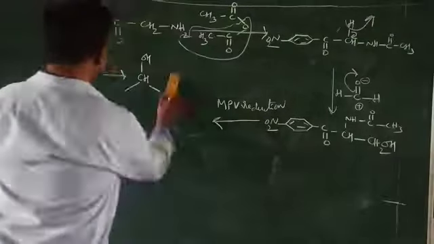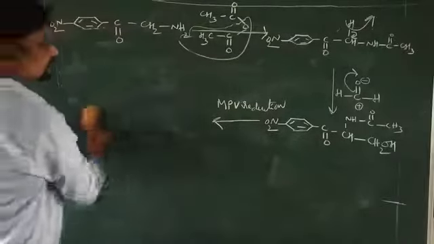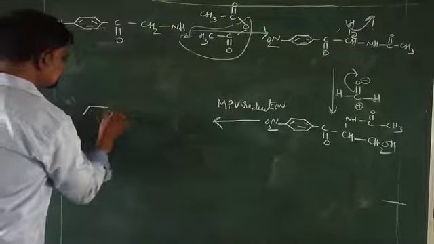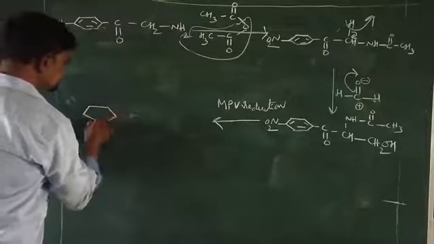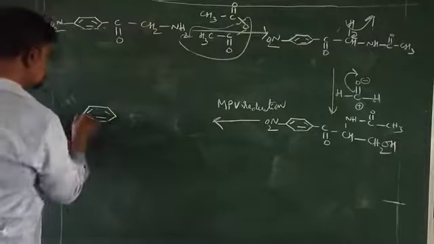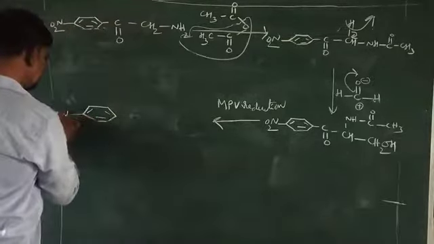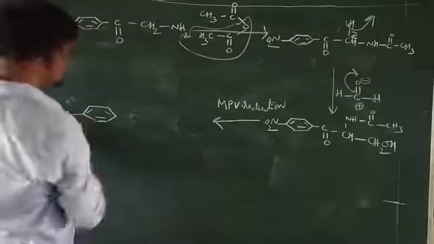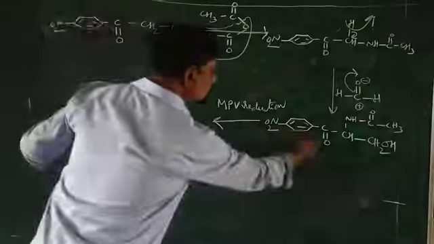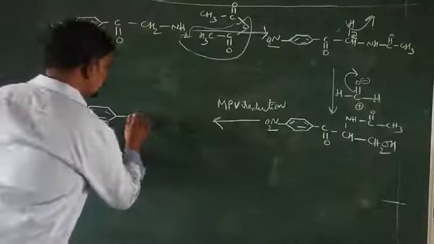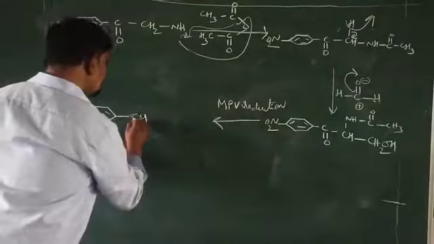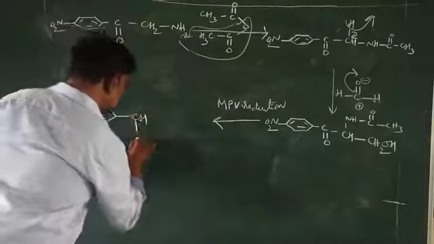So now write the next step. This ring as usual, the benzene ring. In this position the NO2 group is there. So the carbonyl group is converted to alcohol, CH and OH.